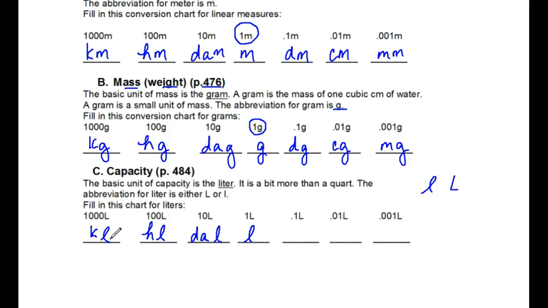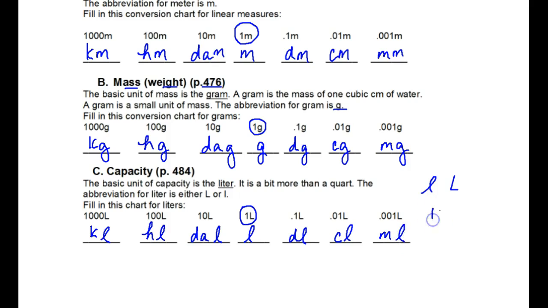Notice again, instead of M for meter or G for gram, we've got L for liter, but our prefixes are all the same. We have a deciliter, a DL, or a centiliter, a CL, or a milliliter, an ML.